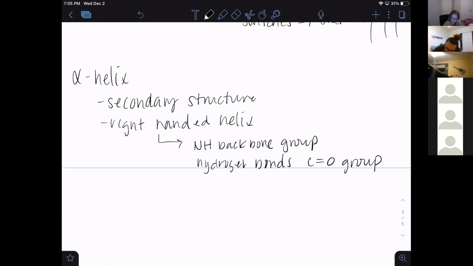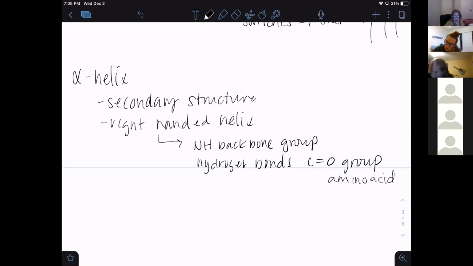So in every backbone NH group, the hydrogen bonds to the backbone of the CO group of the amino acid. So that's a characteristic. The NH hydrogen bonds to the CO of the amino acid.